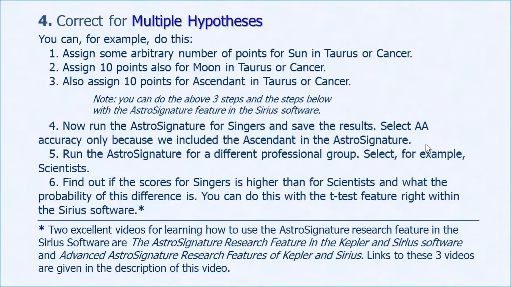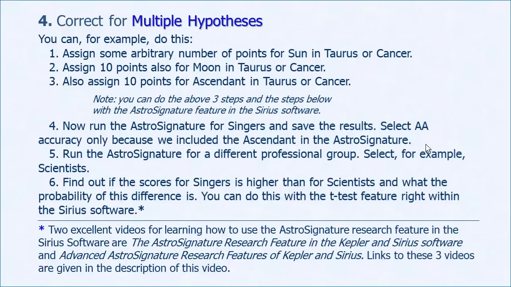So suppose the average score for singers is 25, and the average score for scientists is 22. Well, is 25 versus 22 a big difference, a small difference? I don't know. It's also not just the average score that determines the likelihood of those differences. There's a whole distribution of the scores.